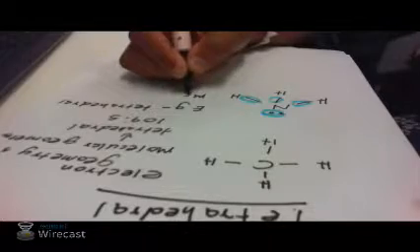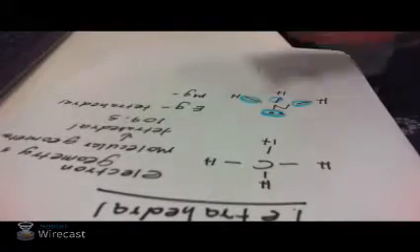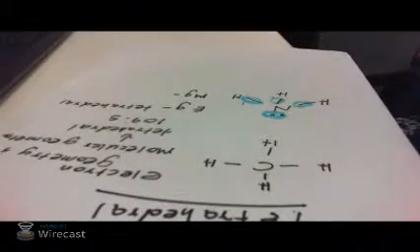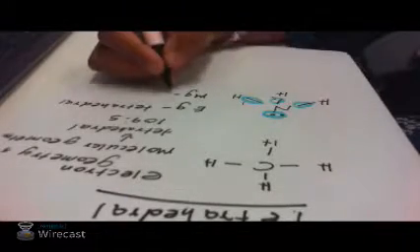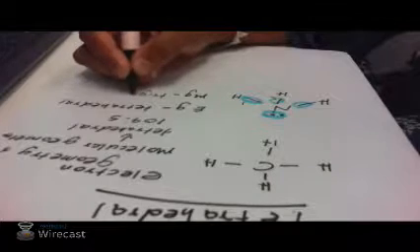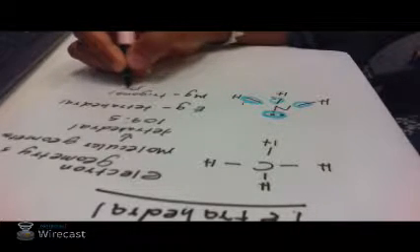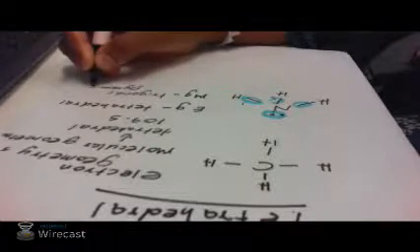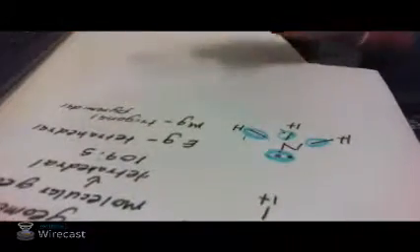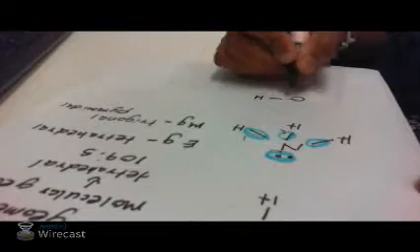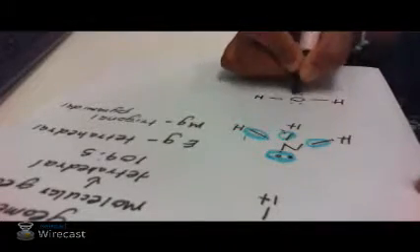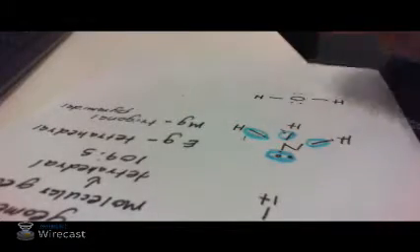What is the molecular geometry? Four electron groups around the central atom, one lone pair, three bonding groups. It's going to be trigonal pyramid. Now, another structure, water, O, H, H. Four electron groups, right?